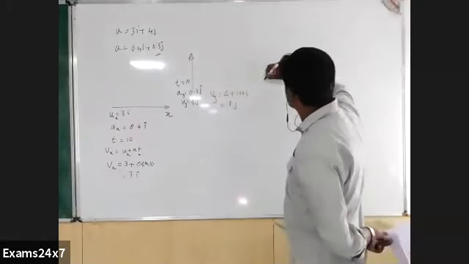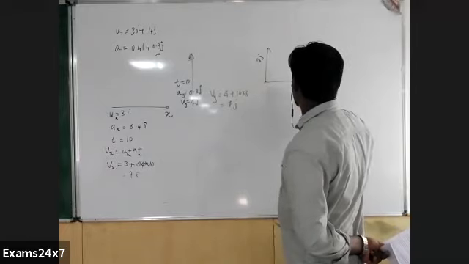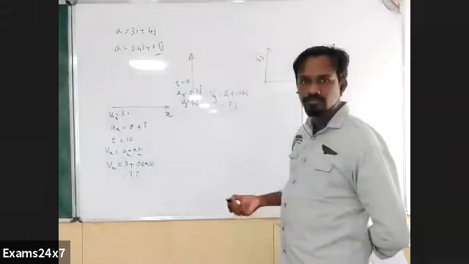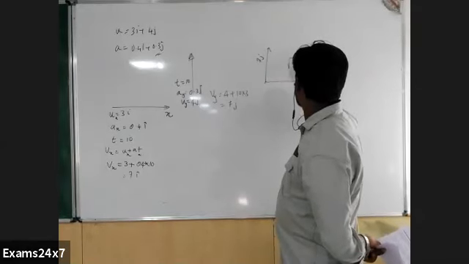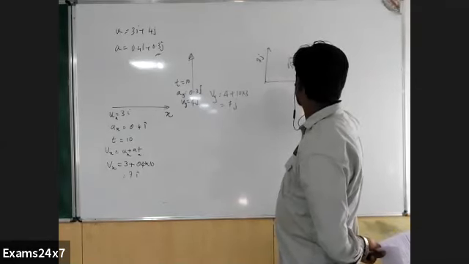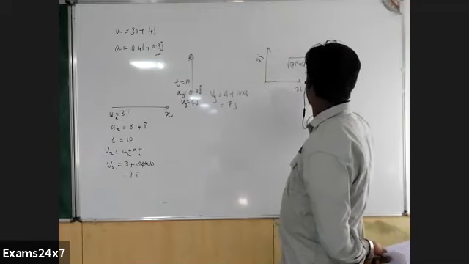Now final velocity is 7i plus 7j. Magnitude of this is the square root of 7 square plus 7 square, that is equal to 7√2 meter per second.